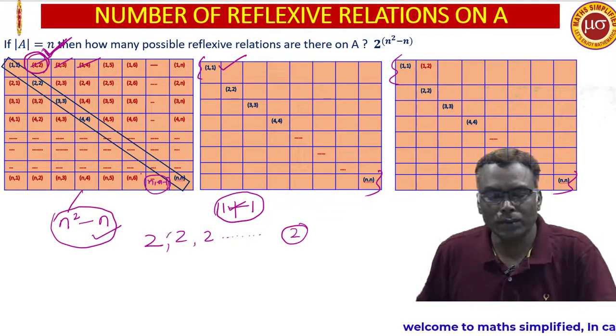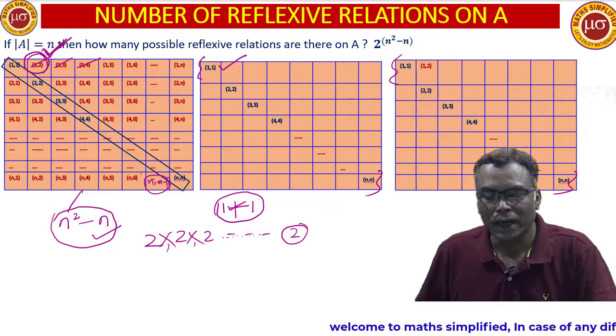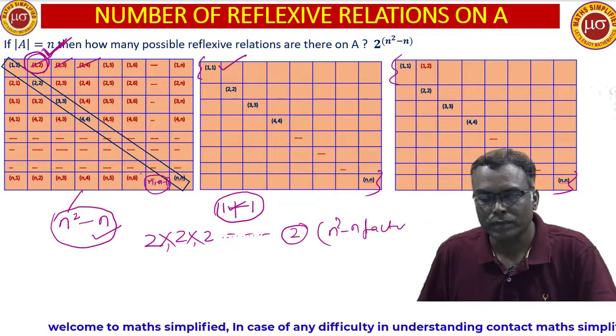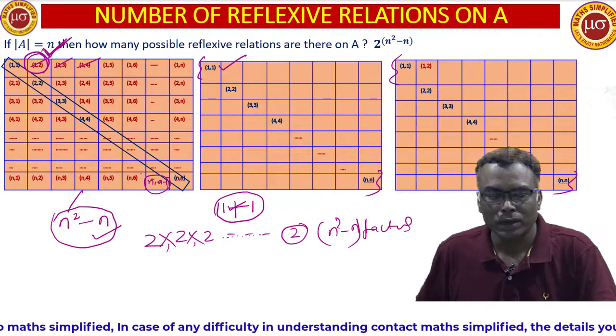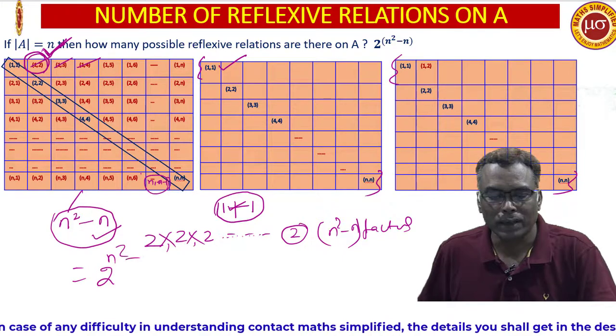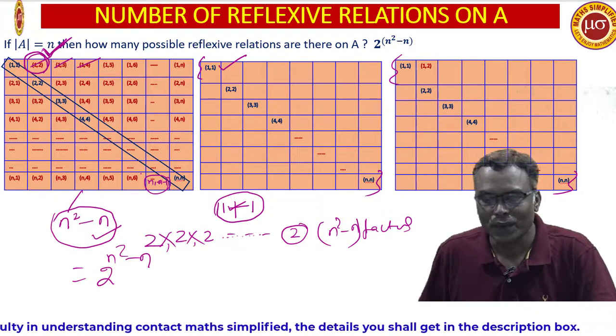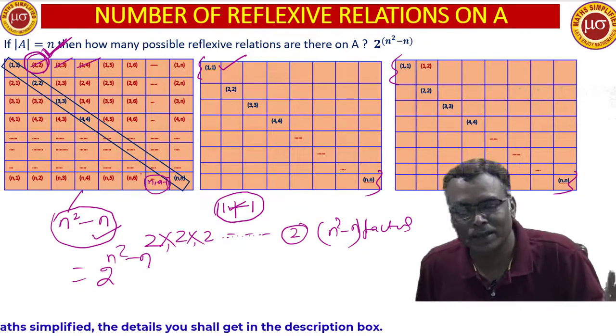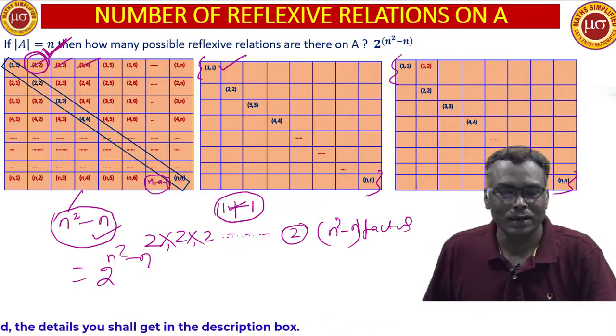So total number of reflexive relations are how many? This is 2 multiplied n square minus n times. That is nothing but 2 to the power n square minus n. So I shall get 2 to the power (n square minus n) reflexive relations in total.